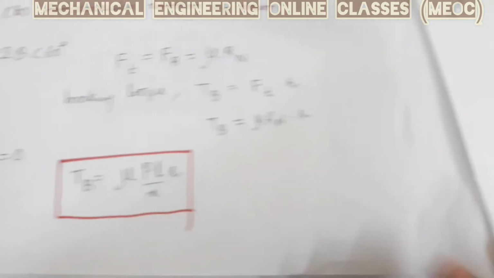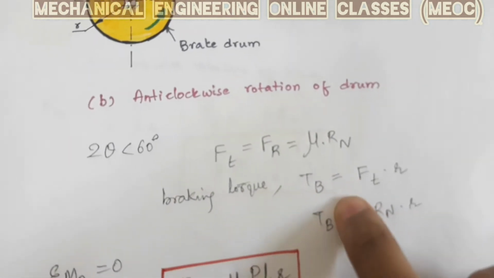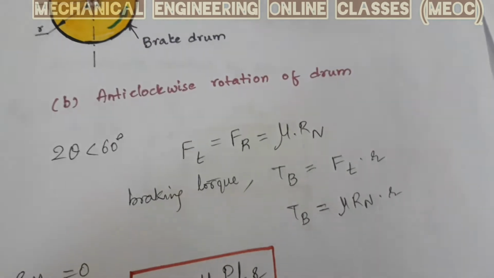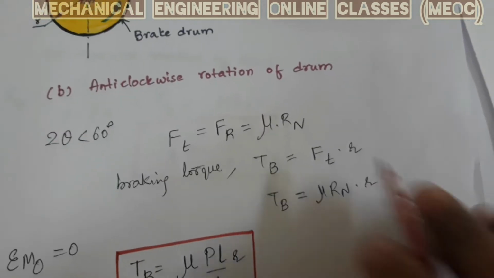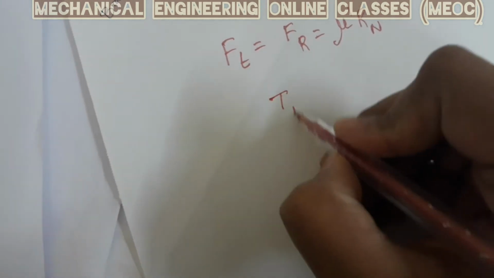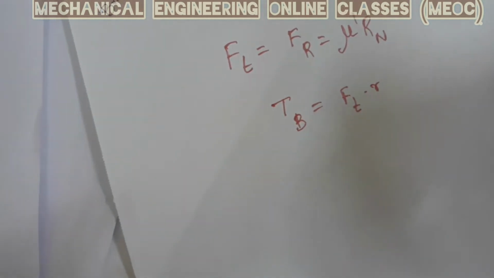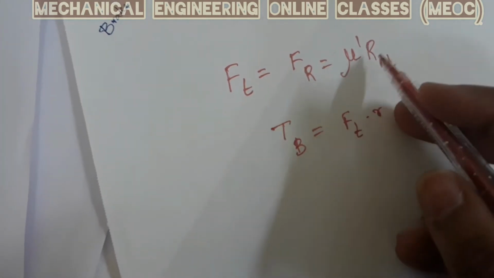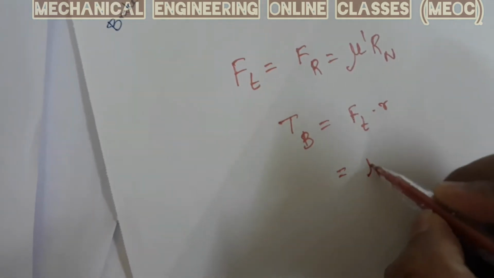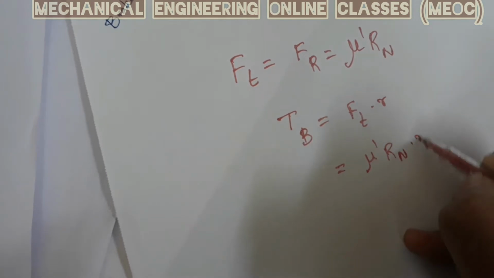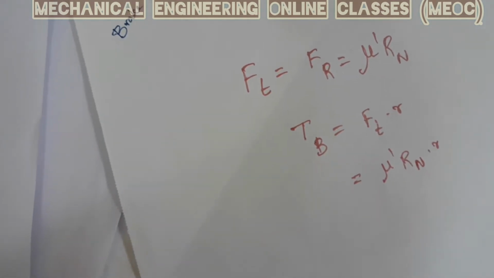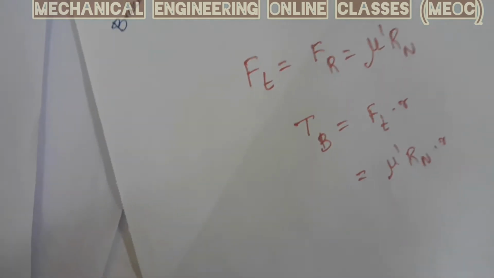And we know that the braking torque for a simple shoe is Tb equal to Ft into R, which is mu Rn into R. Now here the braking torque Tb is again nothing but tangential force into R, but in place of Ft we have mu dash Rn. So this is the only difference.